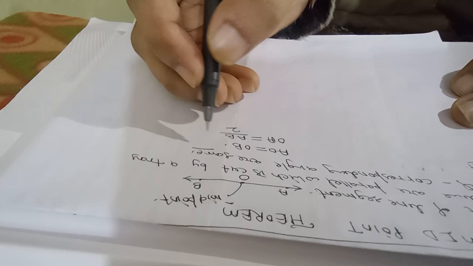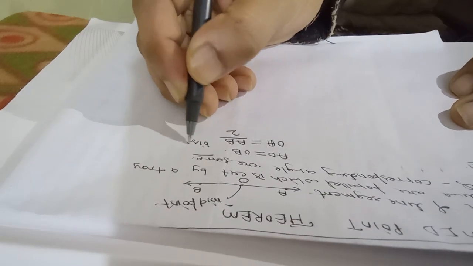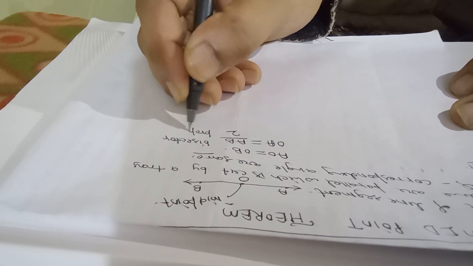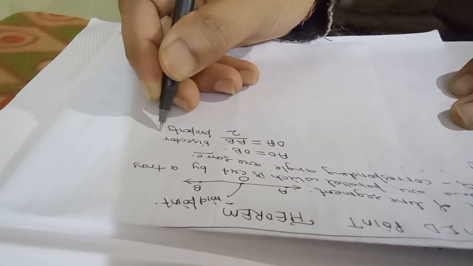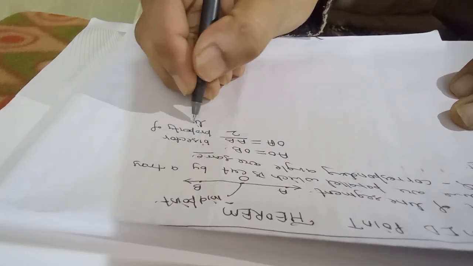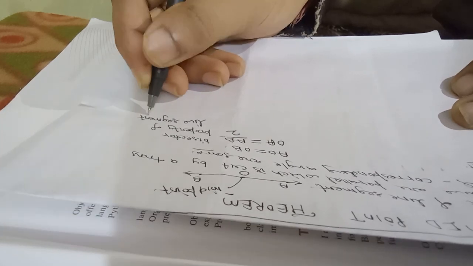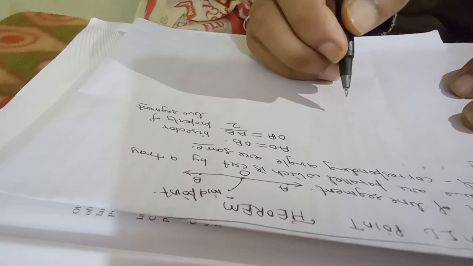This is the bisector property of a line segment.